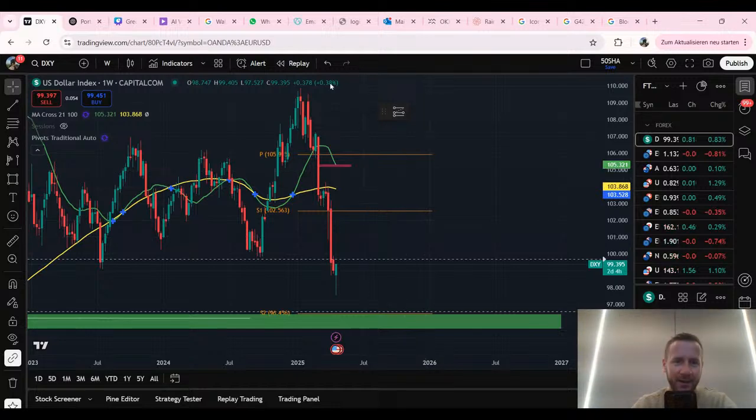But yeah, so again, if this week closes right now with a green bullish candle on the dollar index, the USD, for sure, guys, I'm expecting that if the week closes like this, it will only go higher and higher again on those levels, in the direction of 106.